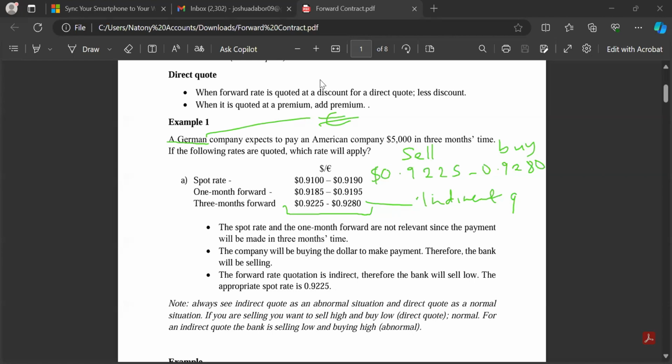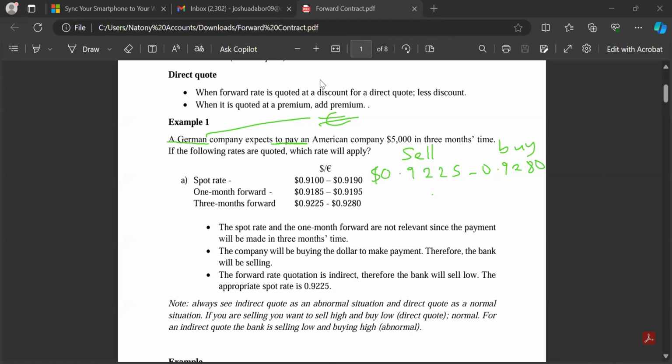The next step is to look at the transaction. Is it a payable or a receivable? In this question, it is a payable. The company wants to pay. So if the company is making payments, it means the company will need to buy the foreign currency from the bank.